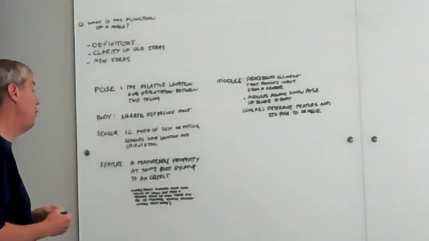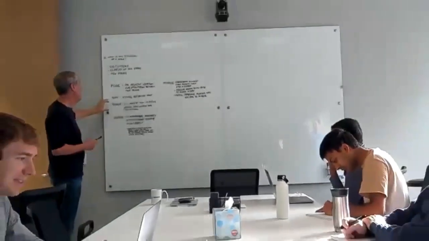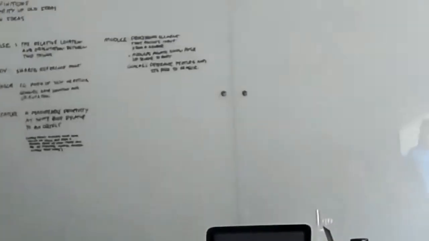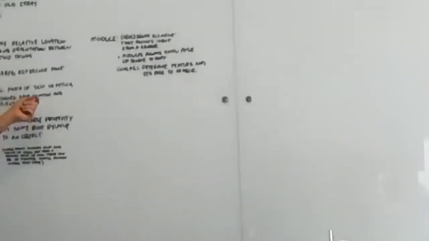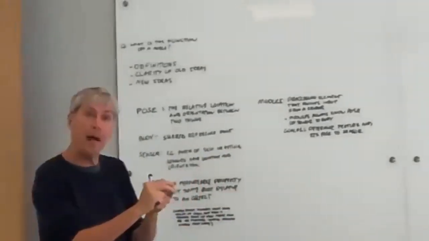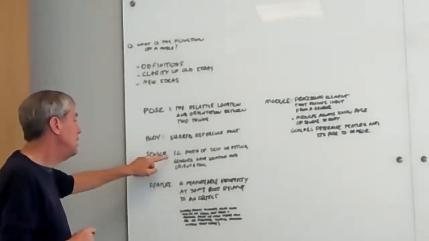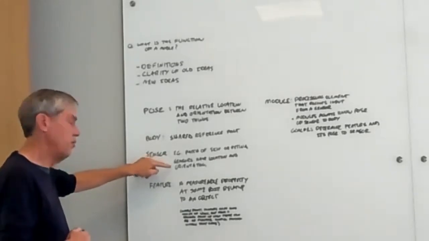All right, so now we can think about a sensor. We're going to define a sensor as something like a patch of your skin or a patch of your retina. It's not the entire retina, it's not all your skin, it's a small patch. The key about a sensor is that sensors have a location and orientation.